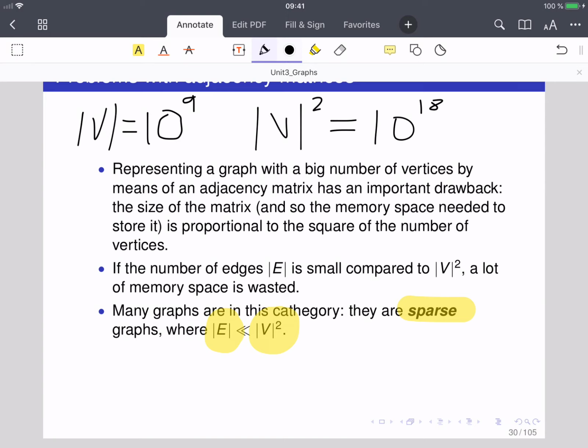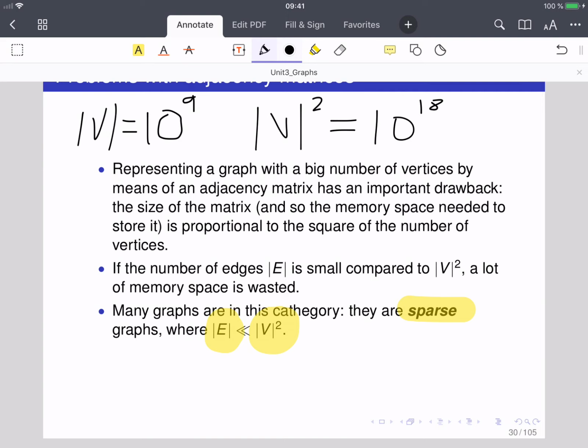I don't know what is the average number of friends of somebody in Facebook, but let's say that is, I don't know, 1,000. Okay, 1,000 is a lot. That is a lot of friends. Let's say maybe 10,000.